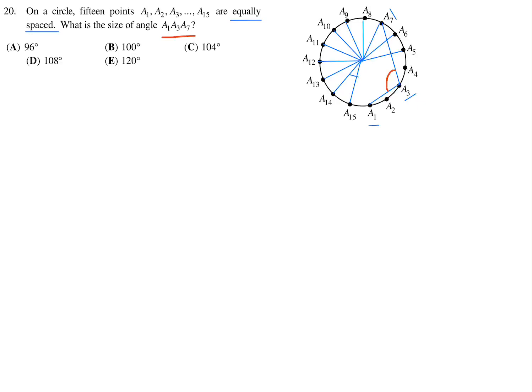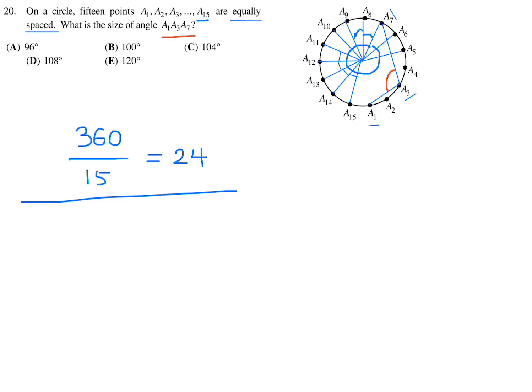So all of these angles here are the same. So how do we figure that out? Well, the total sum all the way around is 360. And then how many of those smaller pies, or slices, did we make? Well, we made 15 because it goes up to A15. So therefore, each of these is equal to 24 degrees. So this is 24 degrees, that's 24 degrees, and so on. Okay, so that's very important.